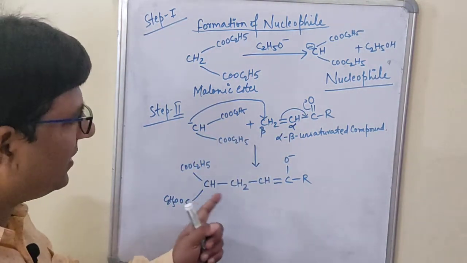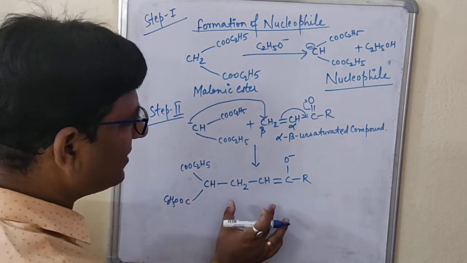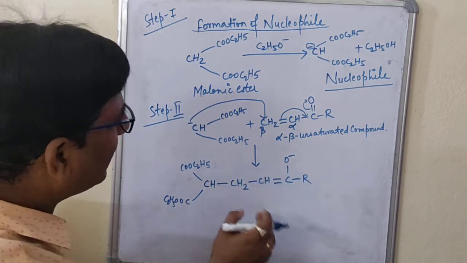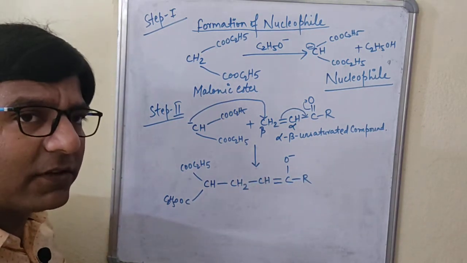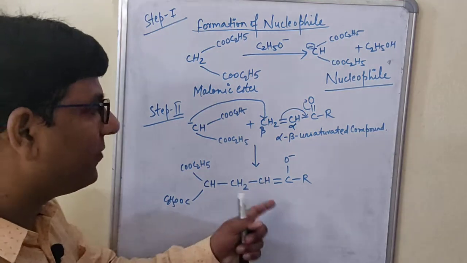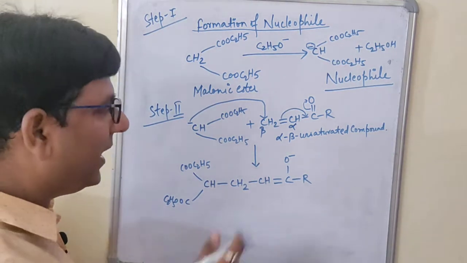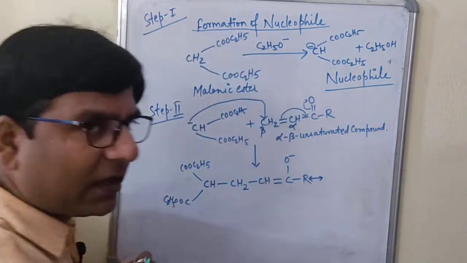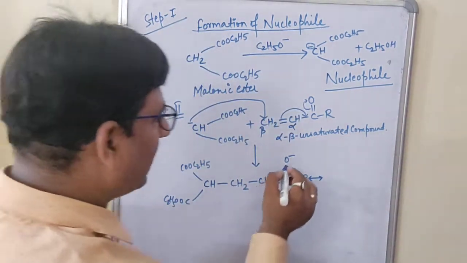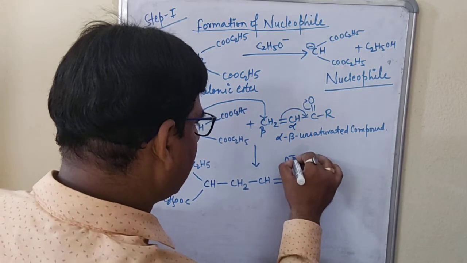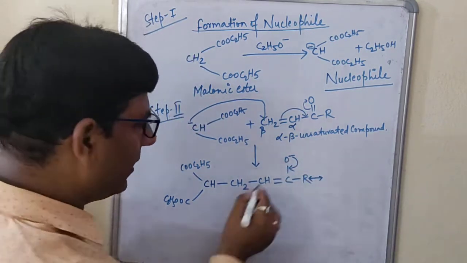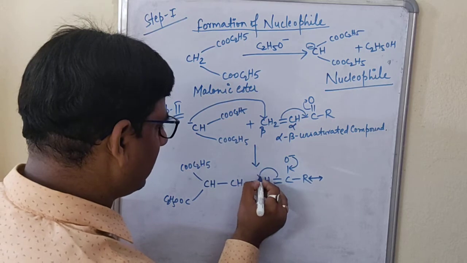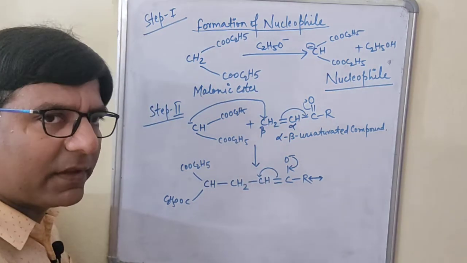Now students, here you are seeing the system. We can make one resonating structure for this. I make the resonating structure over here with a double-headed arrow. I just keep this down and shift this to this carbon.